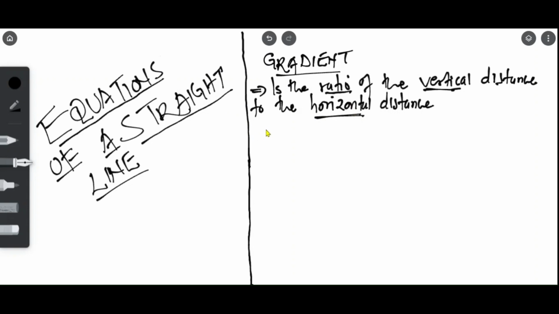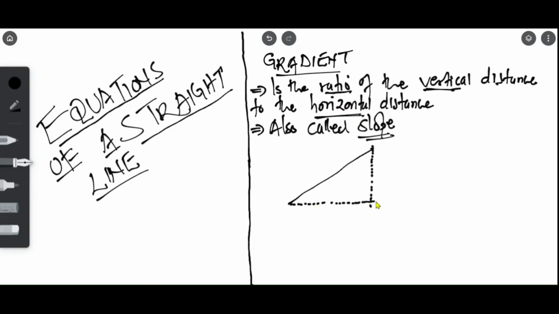The other name for gradient is also called slope. It's also called the slope. So if I have a line that is like this, the vertical distance is the line from here moving down, and I have the horizontal distance like that.